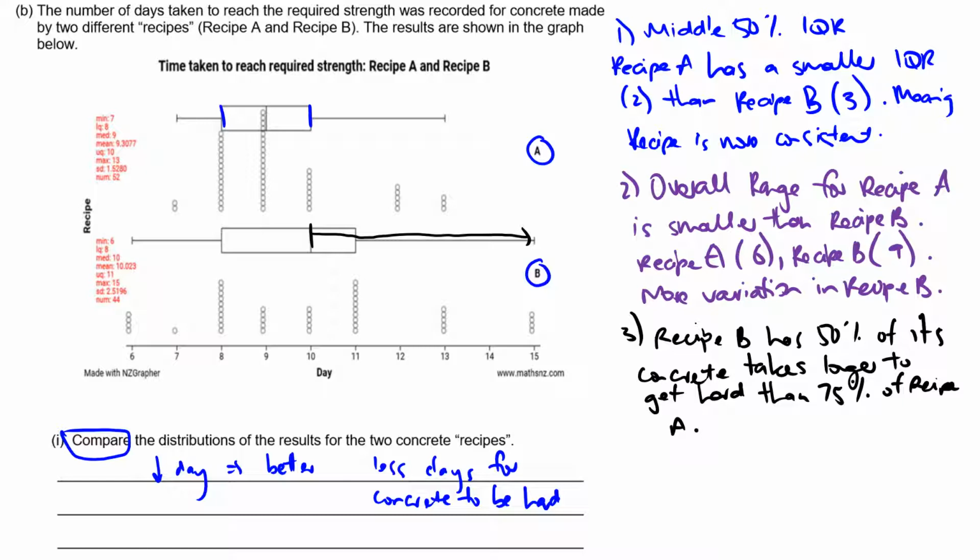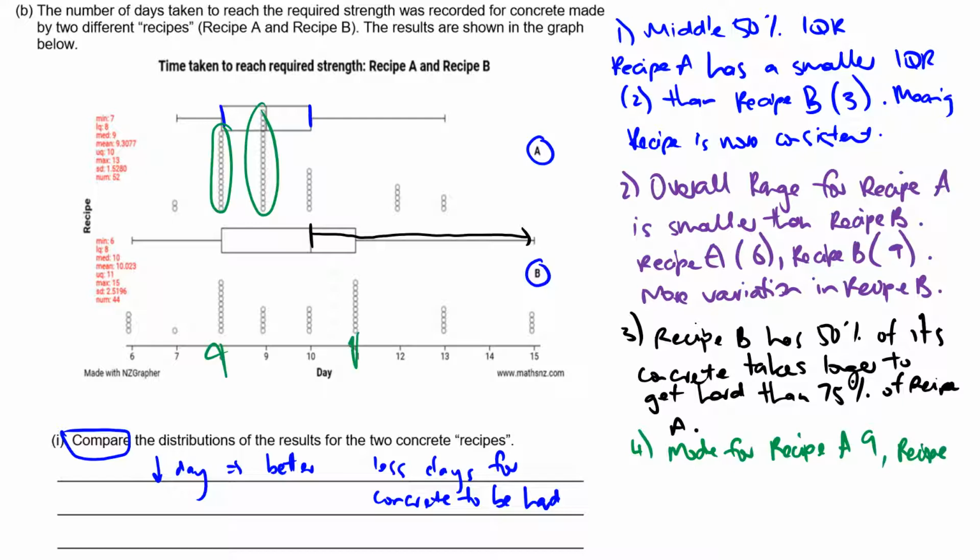A couple of other things we could mention. We could mention the modes here and here. The mode for recipe A is much higher, at 9. There are many more at 9 and 8 as opposed to recipe B, which has 2 modes at 8 and 11.